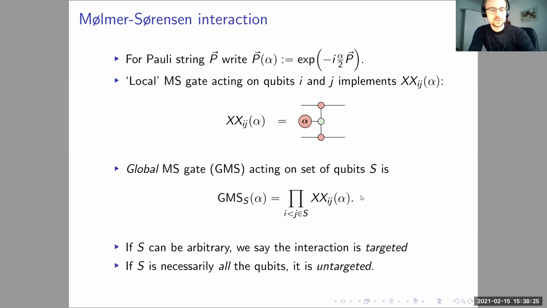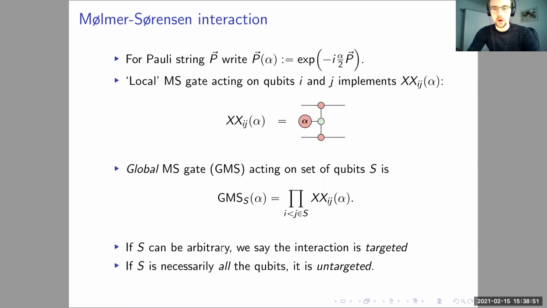I distinguish 2 different classes here. If the set S that the gate acts on can be arbitrary, then I say the interaction is targeted, because we're targeting a specific subset of qubits. But if S necessarily has to be all the qubits in the array, then we call this untargeted. So then the global interaction is just entangling all qubits at once all the time.